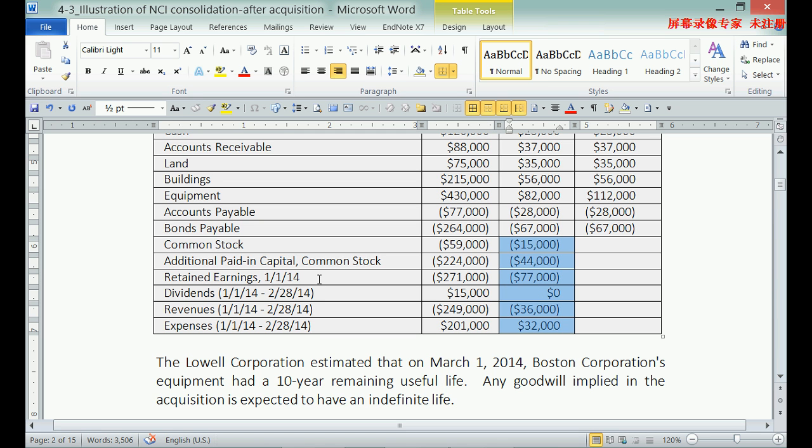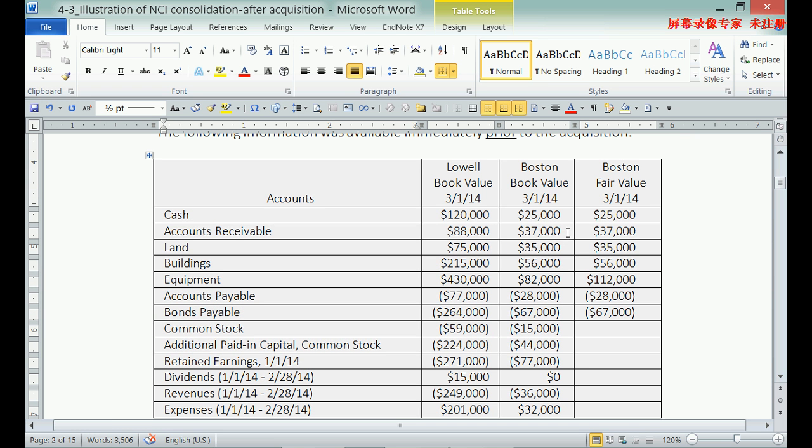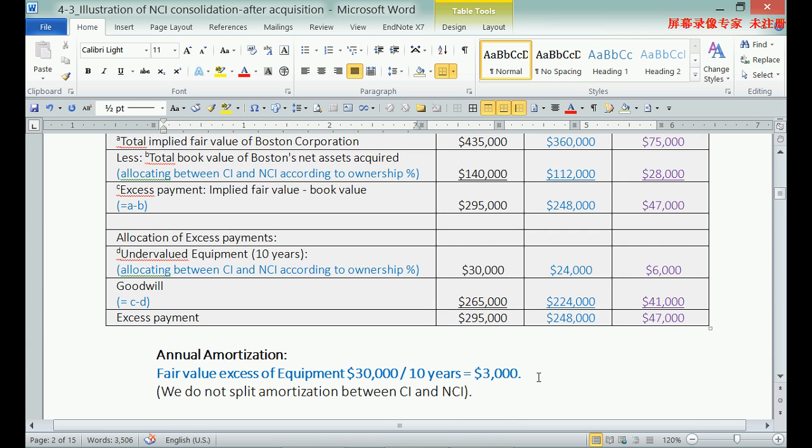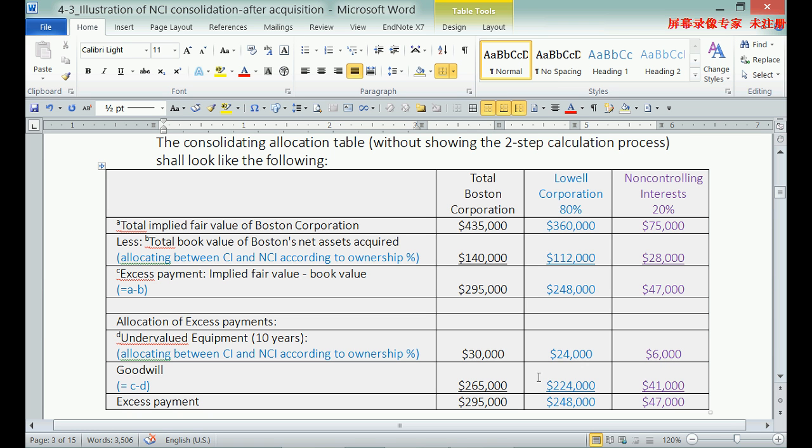Now, I want you to note that this is retained earnings 1-1, so you have to add the revenues minus expenses minus dividends to get retained earnings March the 1st. Sometimes if you are in an exam, you can calculate the net assets by using assets minus liabilities, and you can also verify your number by adding the common stock, additional paid-in, and then ending retained earnings together to see whether you got the right number. That's just a little tip from me.